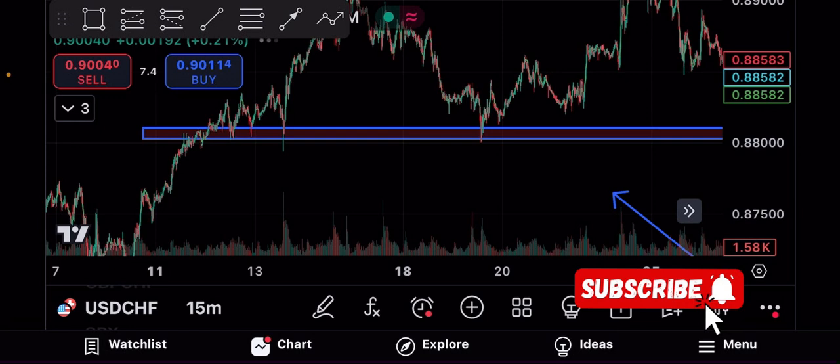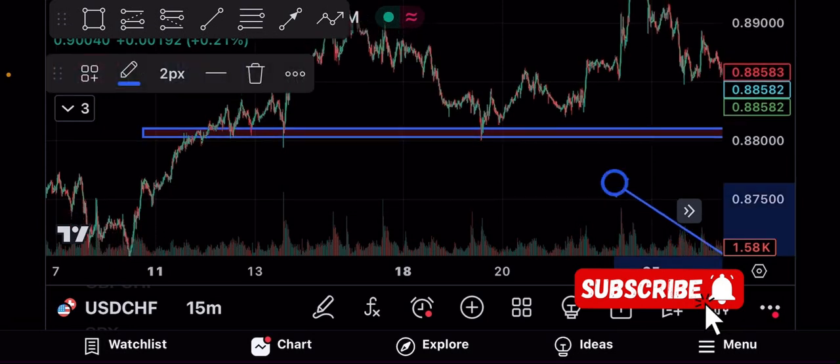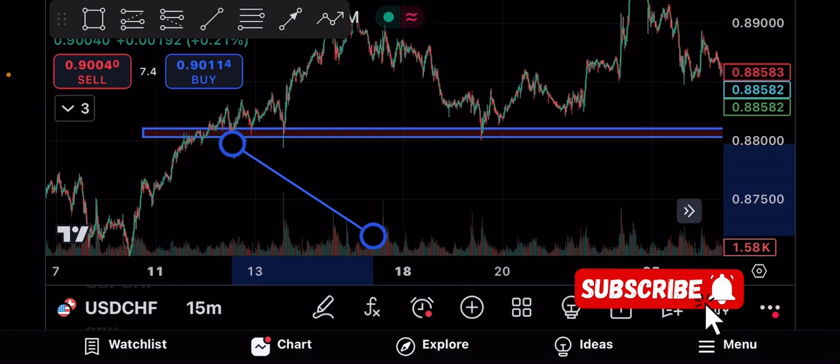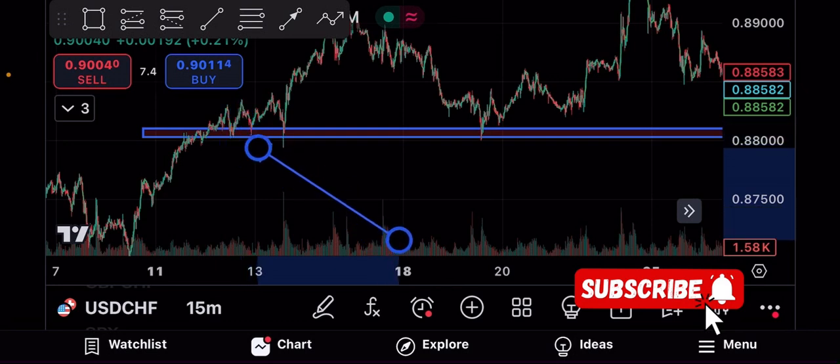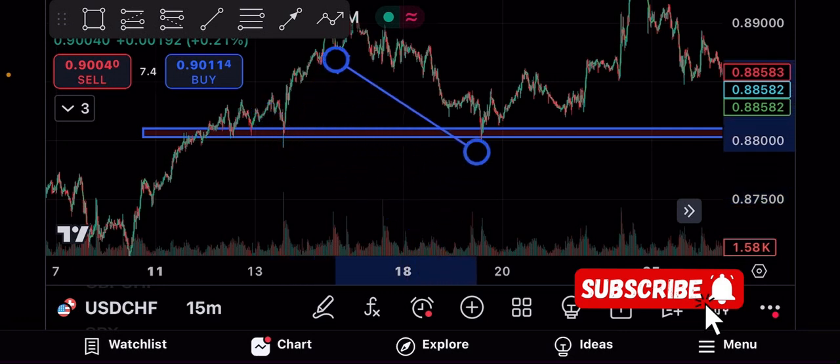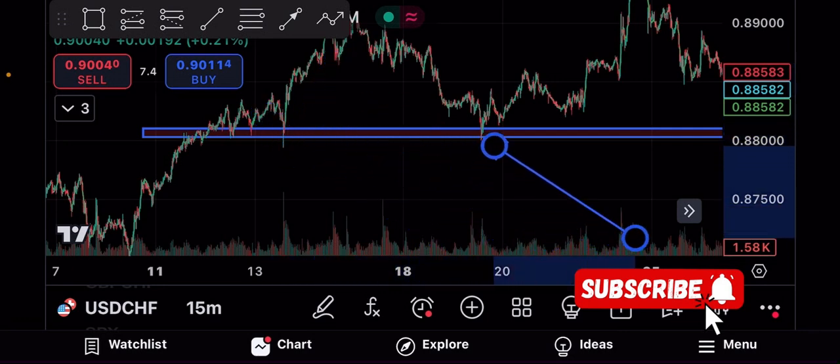As you can see here on the 15-minute time frame, anytime price comes here, it moves upward. Price comes here, it moves upward. Here, moves upward. And also here, price came back here.